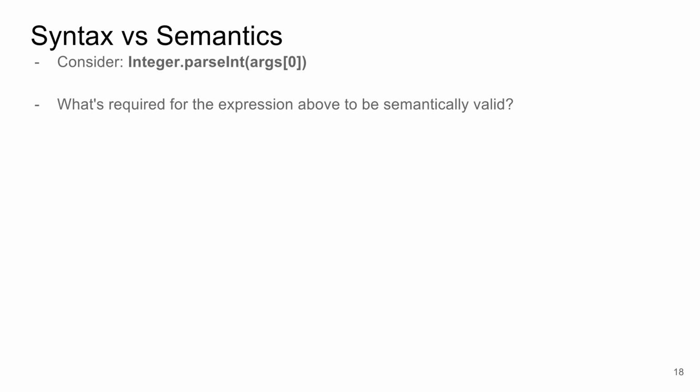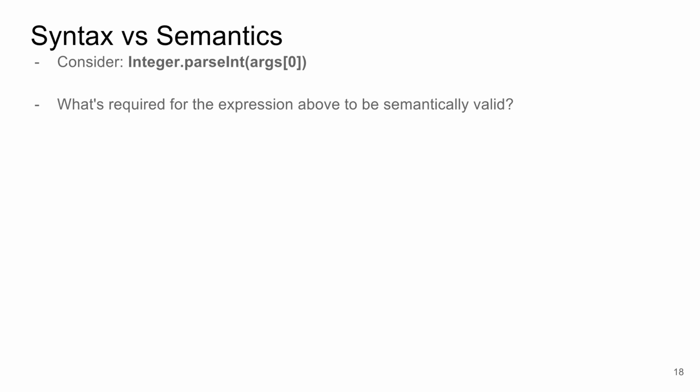How about this method parseInt? What has to be true about this? Well, this method would actually have to exist. So this Integer class would actually have to have a method called parseInt for it to be semantically valid.